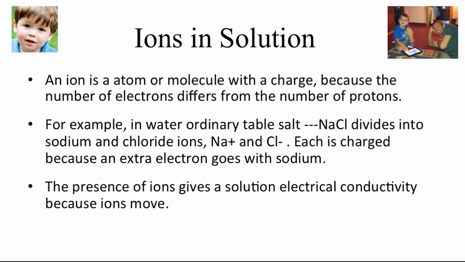But sodium chloride doesn't have any net charge. So what's happening here is that when the division takes place, the sodium half gets an extra electron and the chloride half loses one. And as a result, you have two ions in the solution, each one with a charge. These ions are what give the solution conductivity.